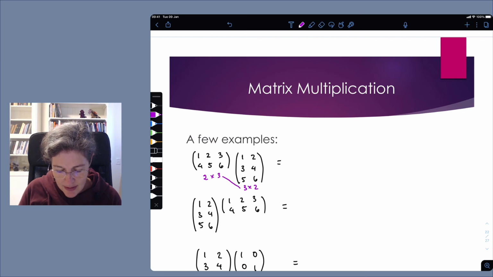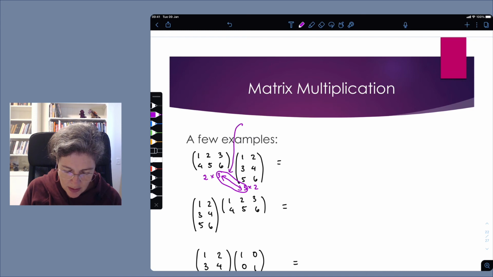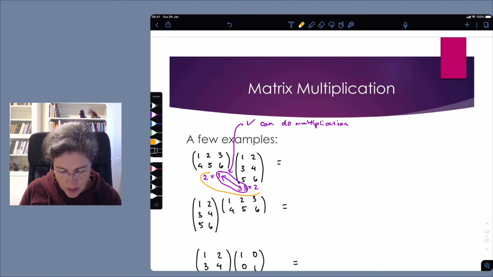We can only do multiplication if those two things are equal, so we're good to go. The next thing is that we look at the number of rows of the first and columns of the second, and that tells us our answer will be a 2 by 2 matrix.